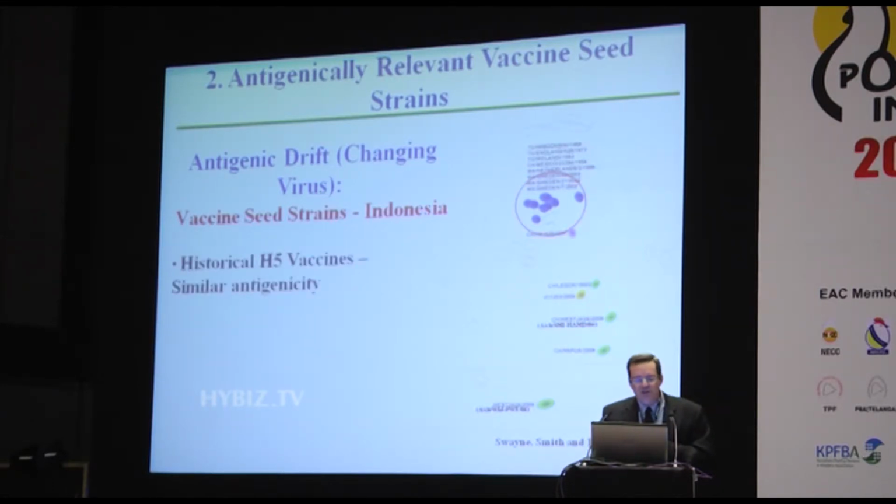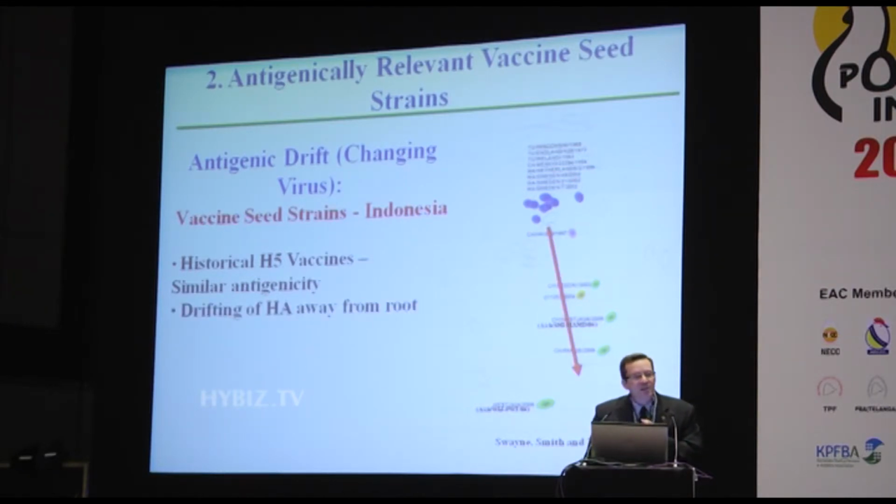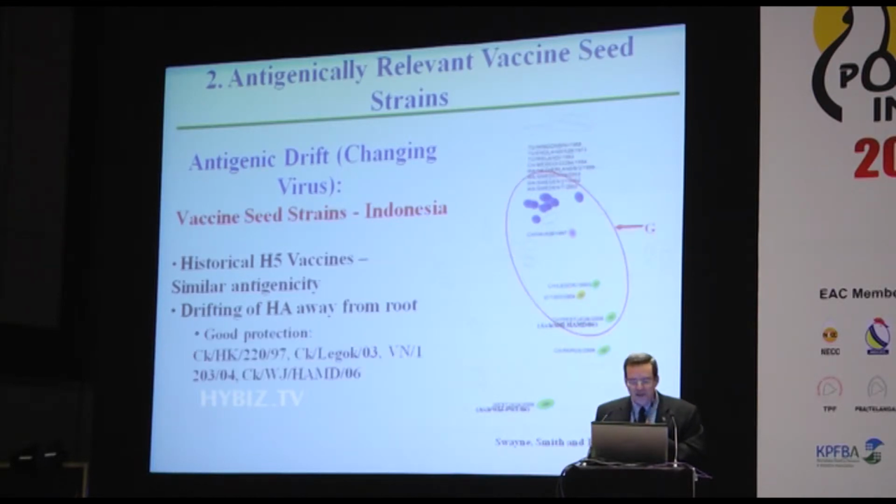The second thing is making sure the vaccine seed strain matches the field virus. Again, in Indonesia, historically, all the H5 viruses clustered together antigenically. That's the way the bird recognizes the protein and produces antibodies. But what we have seen with the H5N1 since 1996, when the first outbreak occurred in China, is that these viruses in the field have drifted away from the original H5. As a result, there's variation in protection.